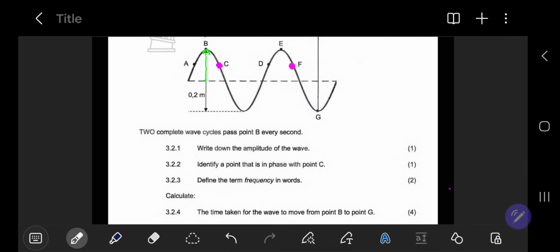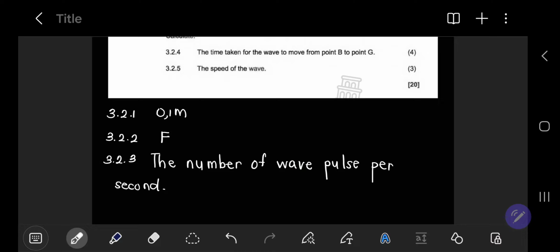3.2.3 says identify the term frequency. So frequency generally is how many waves are created per second. Or we can say the number of wave pulses per second. What I have noticed is that the frequency definition usually comes in many different forms across different past papers and their memos, where they all state the same thing, but with different words.